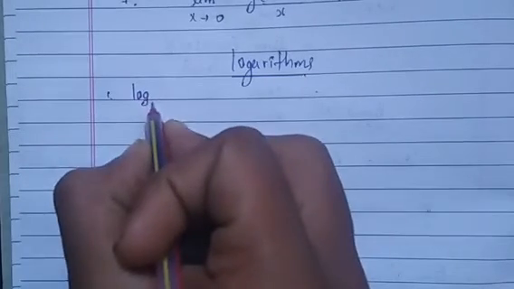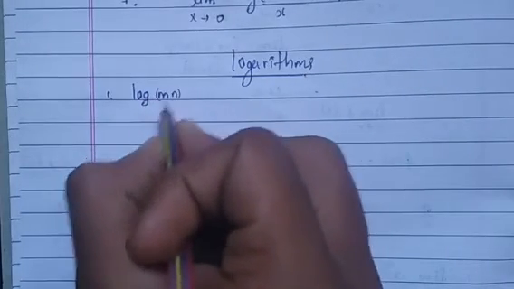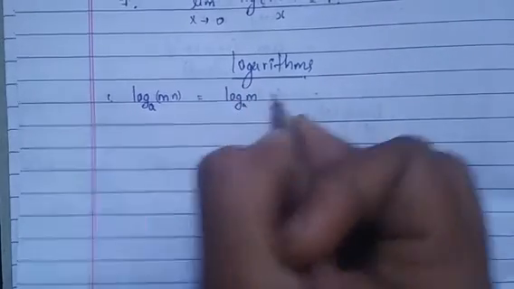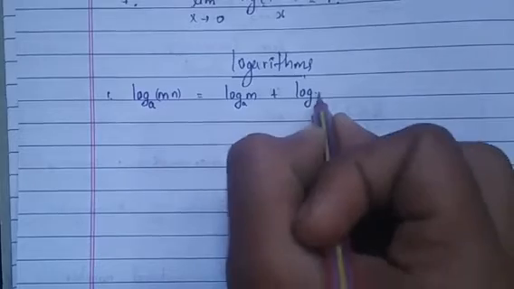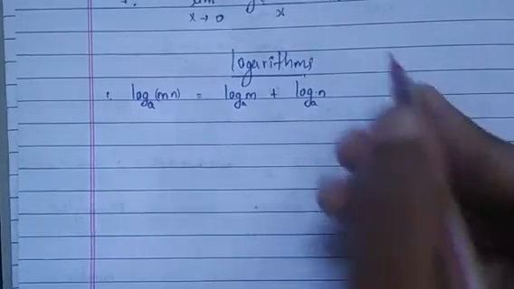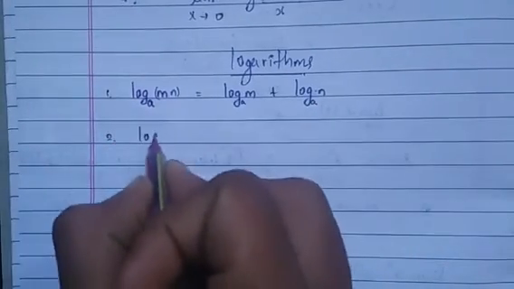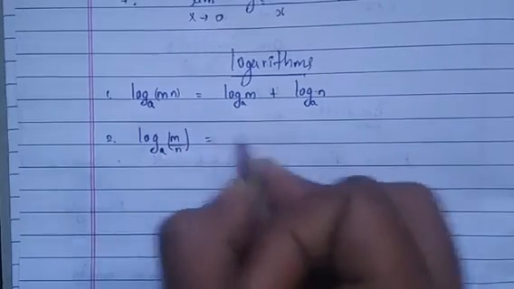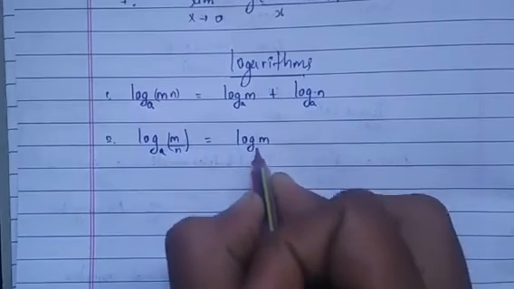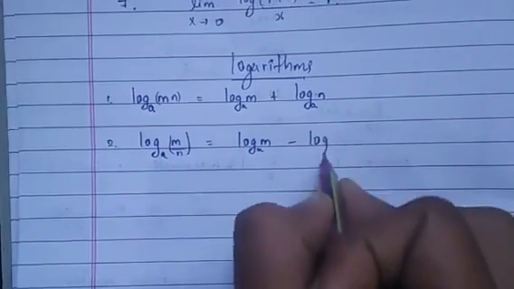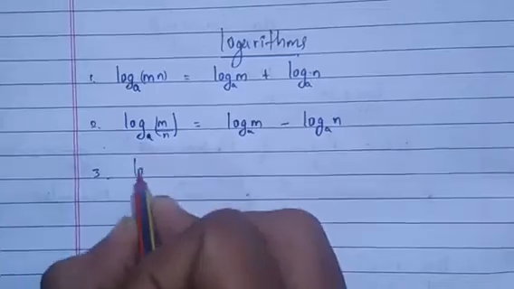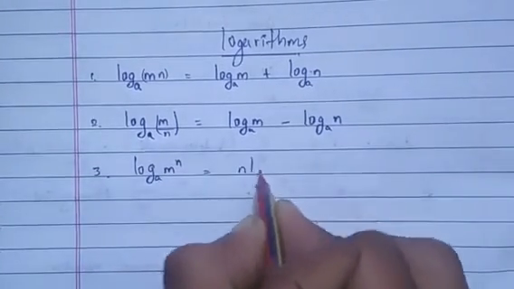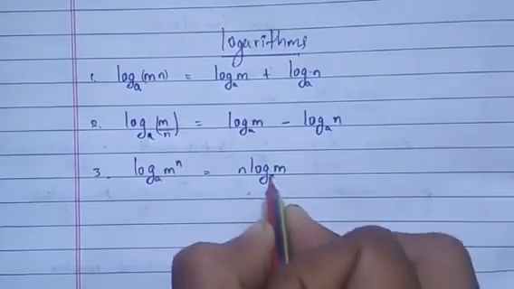Log mn to the base a which is equal to log m base a plus log n base a. And second one is log m over n to the base a which is equal to log m base a minus log n base a. Third, log m power n base a which is equal to n log m base a.